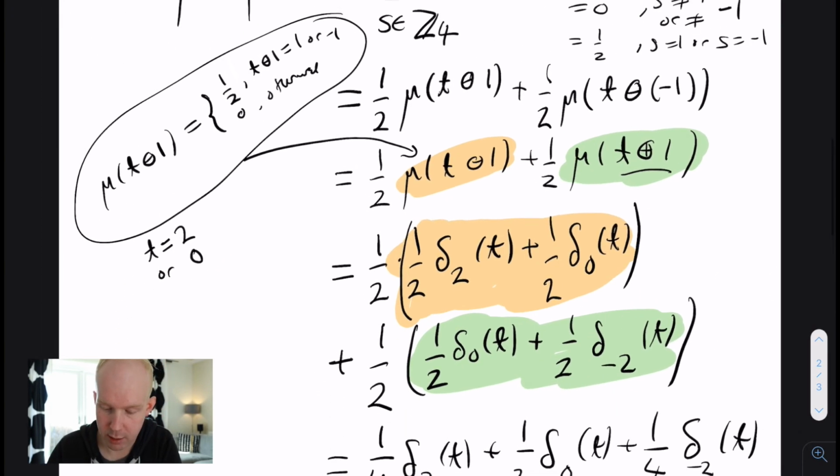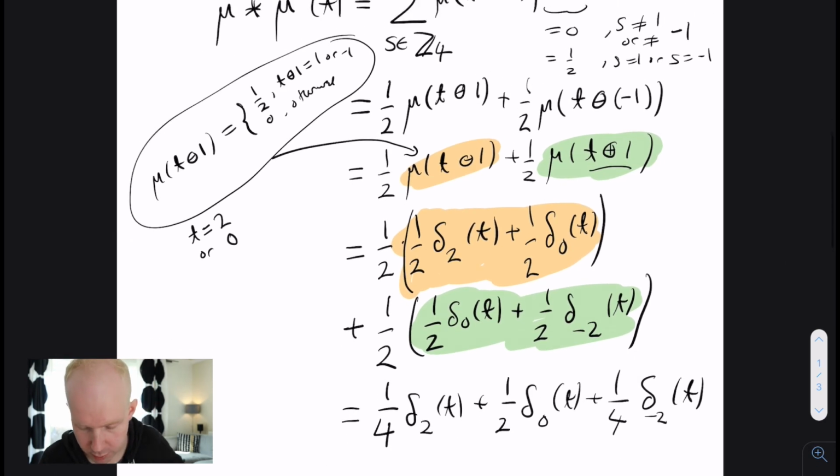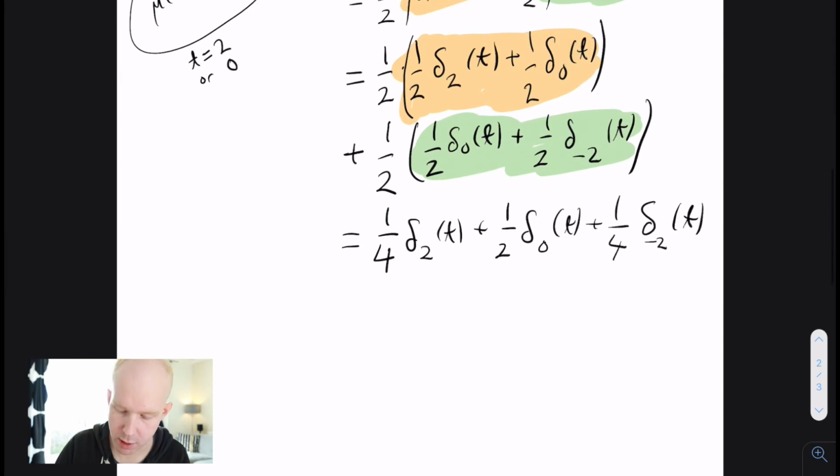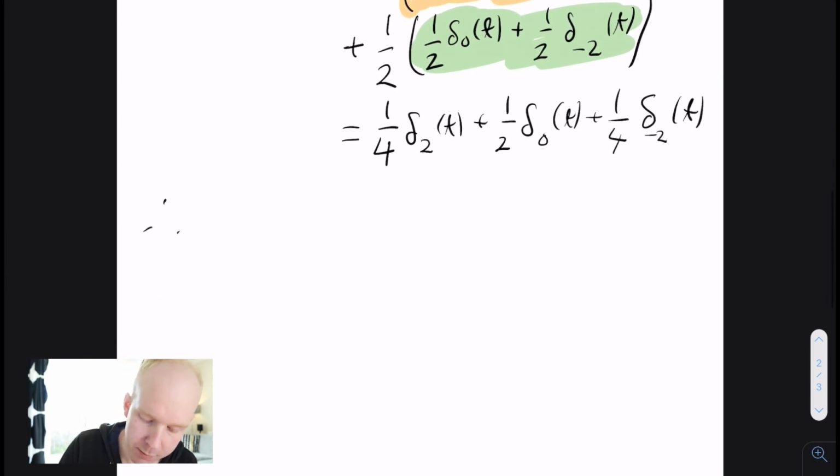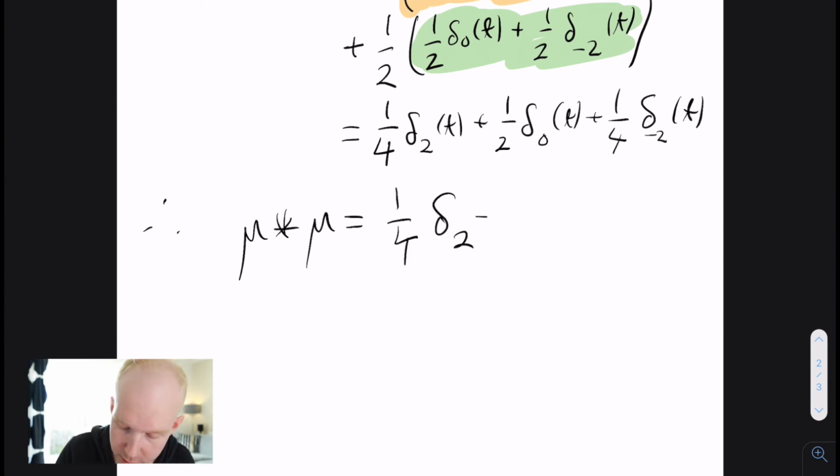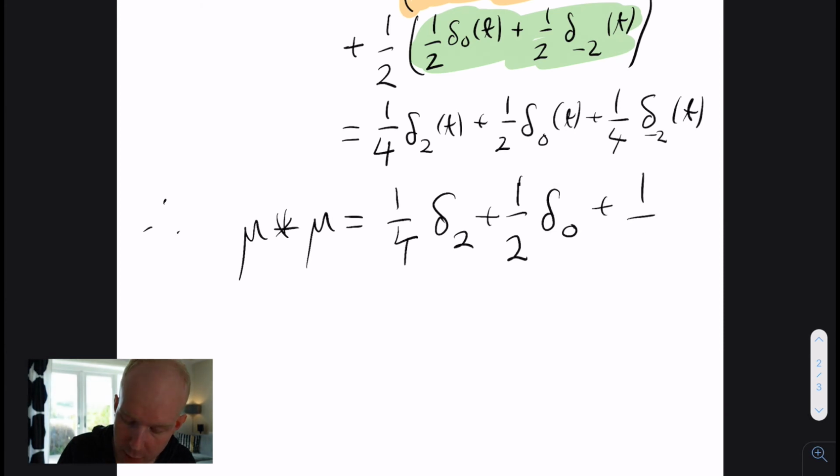So that's now the convolution. So the whole thing here is that mu star mu at t is equal to this number. So basically this proves that the convolution is equal to this distribution, Dirac at 2 plus half Dirac at 0 plus 1/4 Dirac at minus 2.